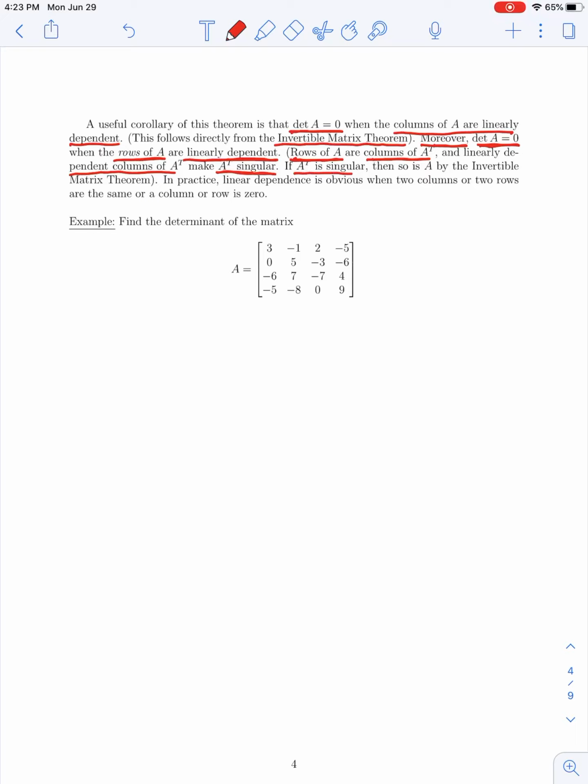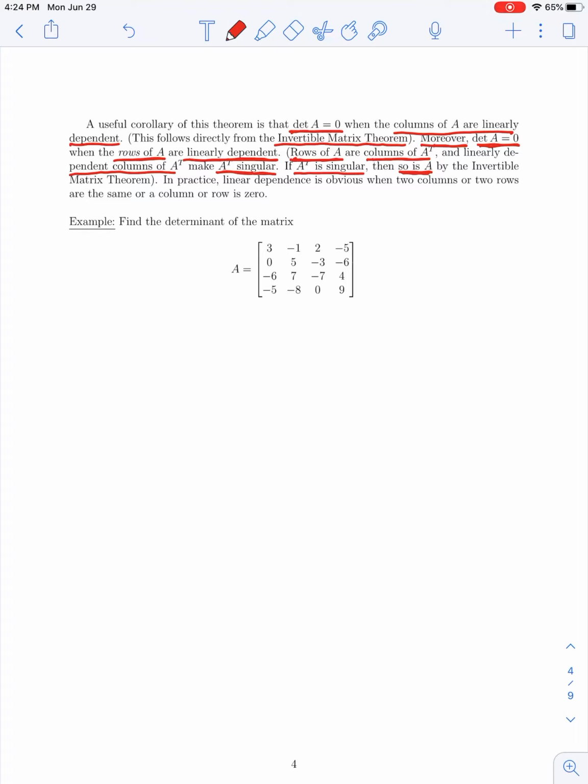Now, if A transpose is singular, then the invertible matrix theorem says so is the matrix A itself. So if we have a zero determinant, that means that the rows of the matrix would be linearly dependent.